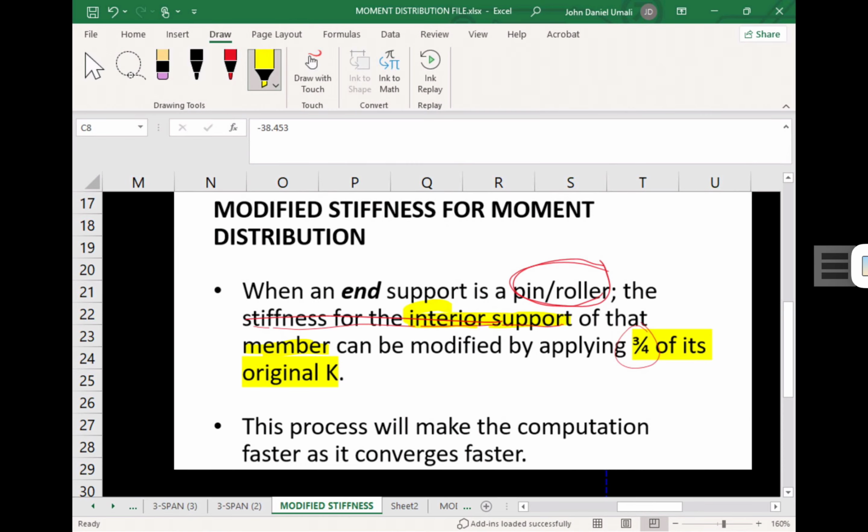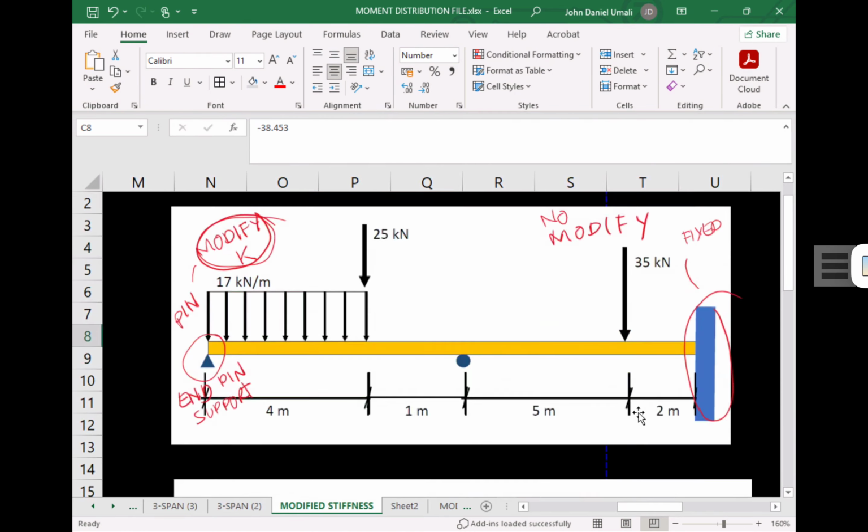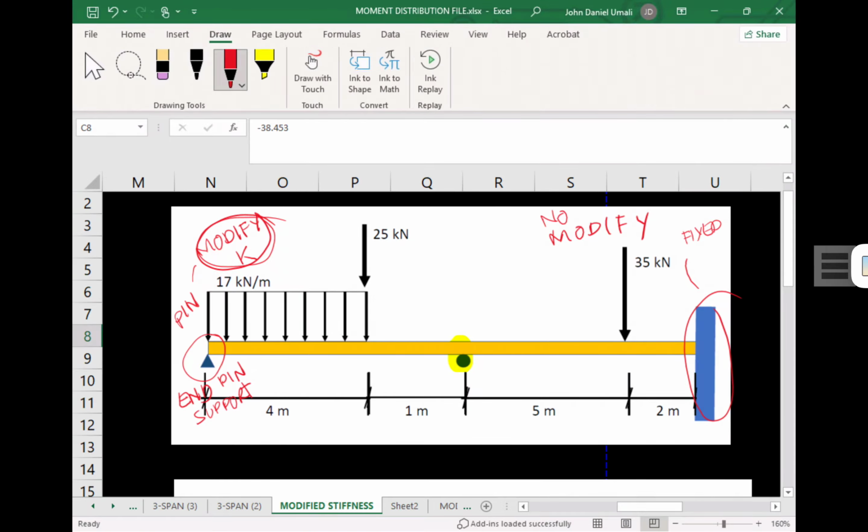Okay, so sino ba yung interior support ng member na yon? Yan. Si joint B na to. Okay, or yung roller na to. That is the interior support. So dito tayo mag-apply ng 3/4 of K.